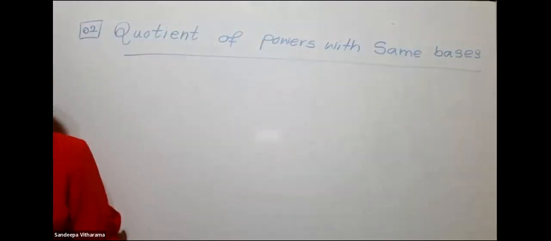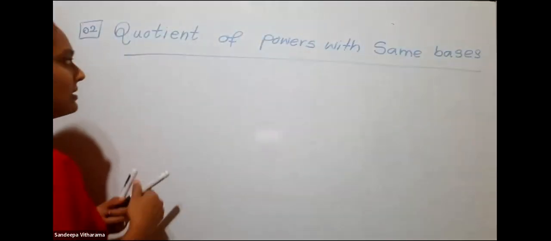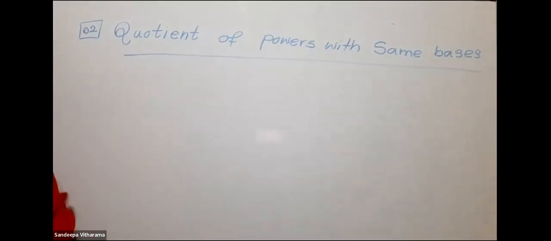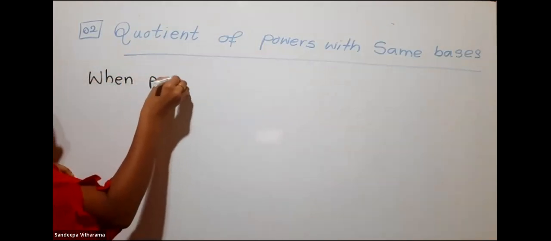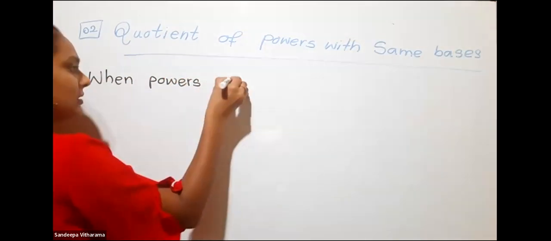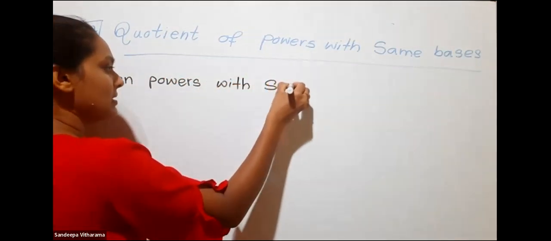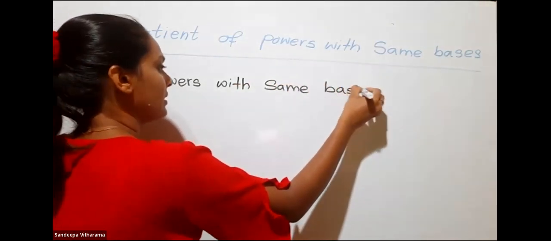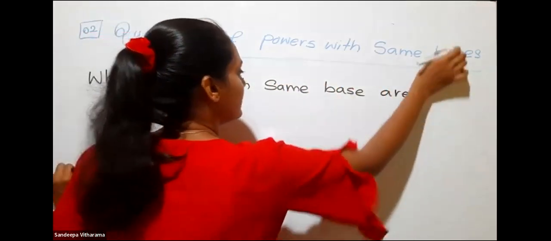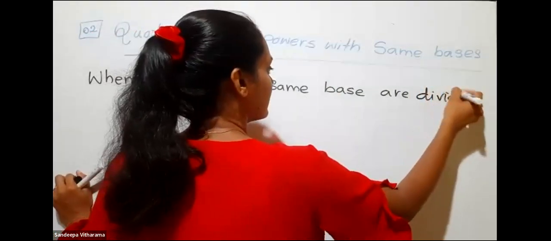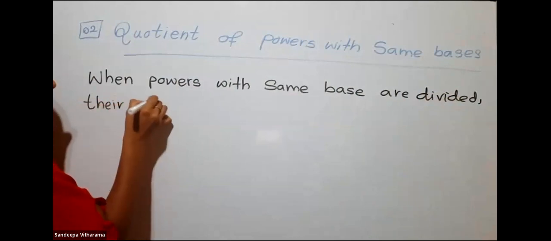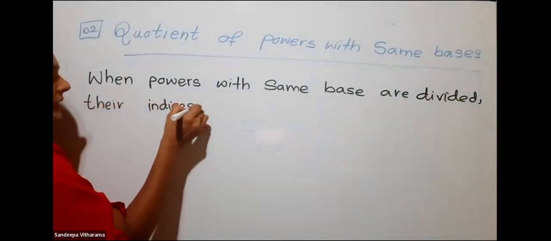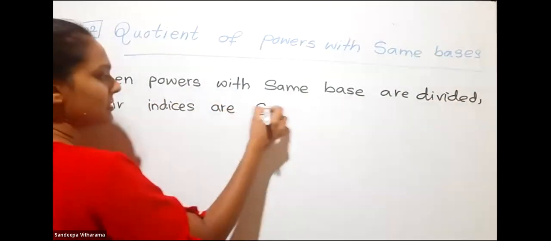Then, quotient of powers with same bases. When we have to divide powers with same bases, their indices are subtracted.